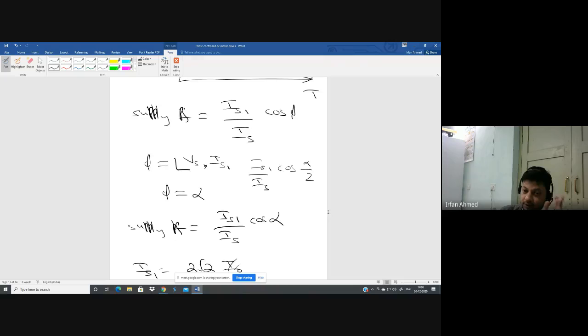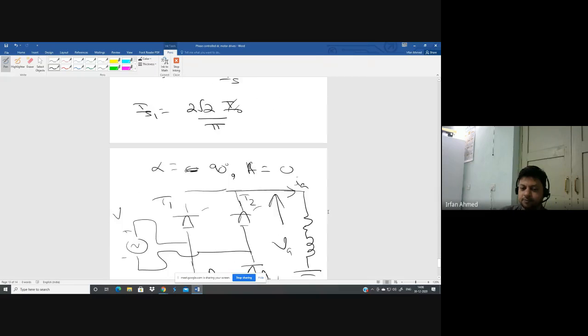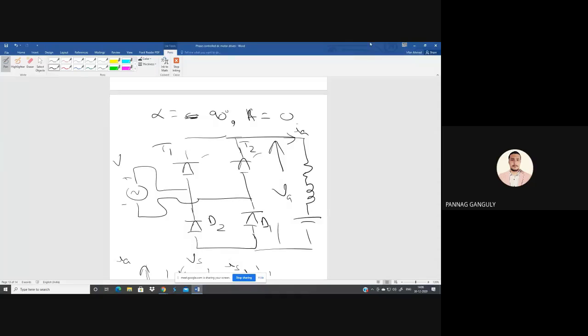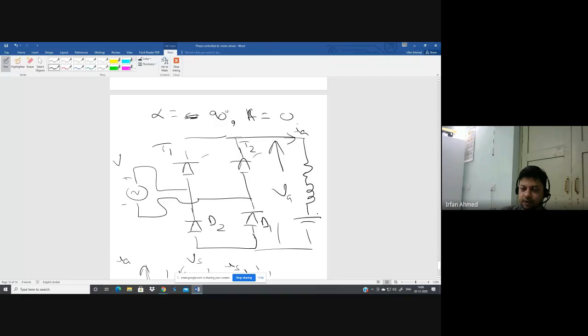Without using anything extra. Plus, all this freewheeling improves your chances of continuous conduction. Is it not so? Because if it is not freewheeling, then it is flowing against the supply.